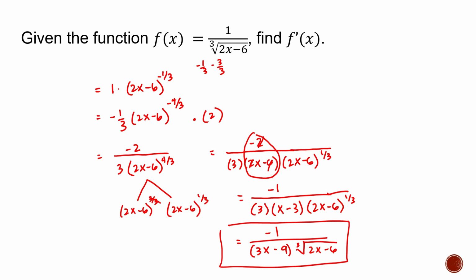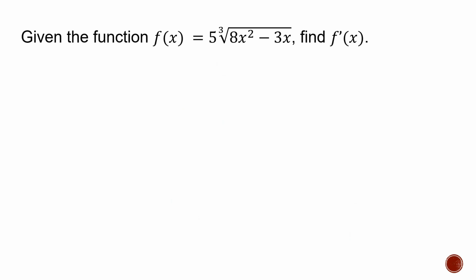Now we are down to the last example. We still need to rewrite this, although it's not in fraction form. So 5 times the cube root of 8x squared minus 3x, raised to 1/3.